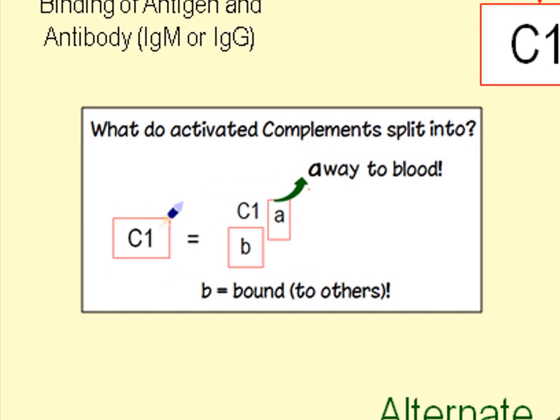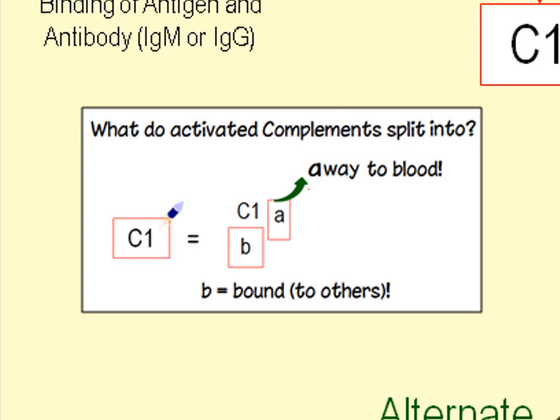In the box that I have here, I want to add just a short note for you that quite often by activation of these complexes, we mean that we split them into two units. For instance, when complement 1 is activated, it breaks into two units, complement 1A and complement 1B. For now, remember the bigger component is the B component. B for bound, because it's going to get bound and stay at the site of action.